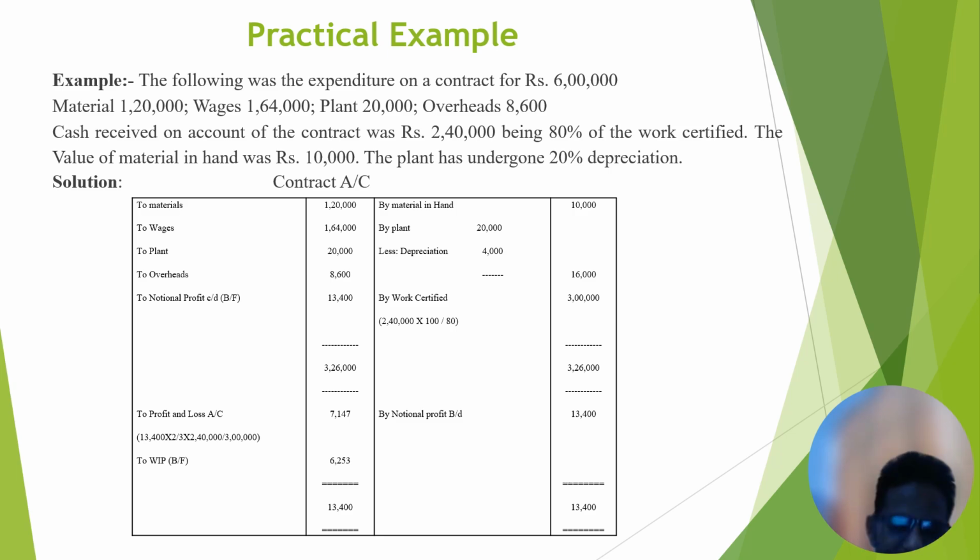Now after that, here we total the debit amount and credit amount. On the credit side we have 3,26,000, and on the debit side we have a balance of 13,400. So from this information we calculate the notional profit. This notional profit of 13,400 we transfer to the credit side.